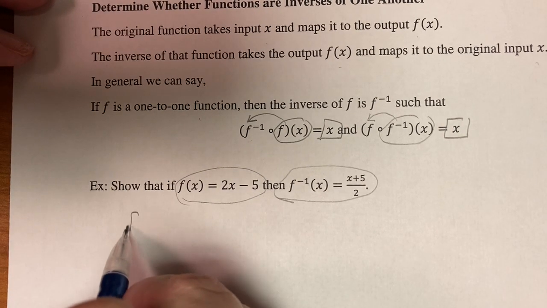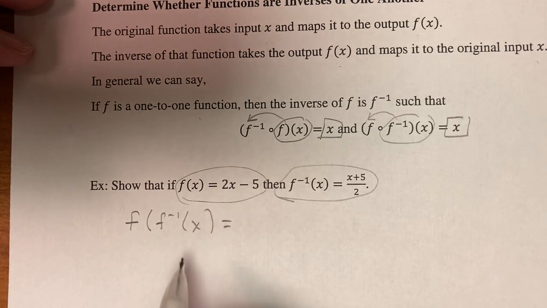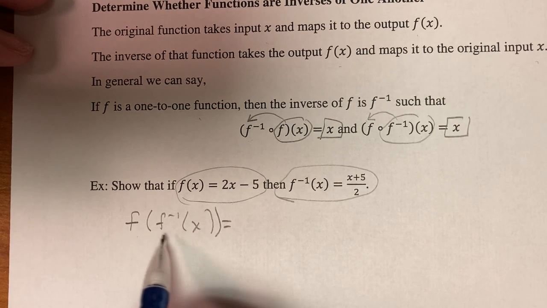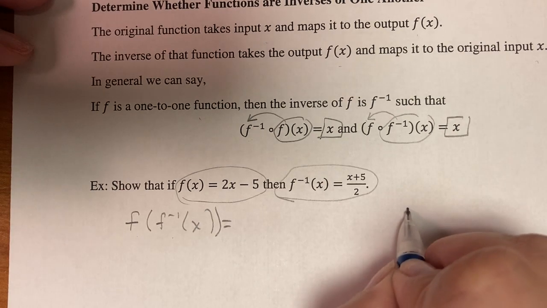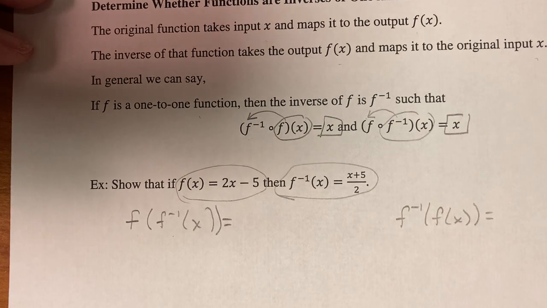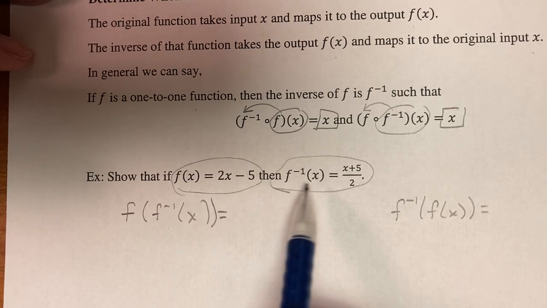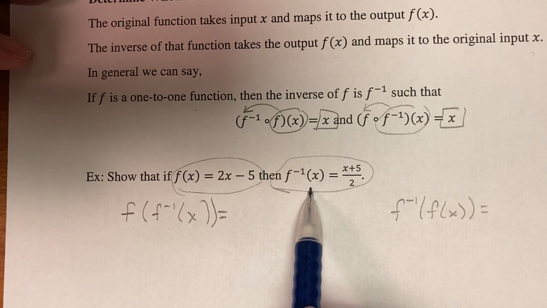So I'm going to find f of f inverse of x, and f inverse of f of x. I just wrote it in the other notation. And if I get x in both cases, it means f and f inverse are inverses of one another.